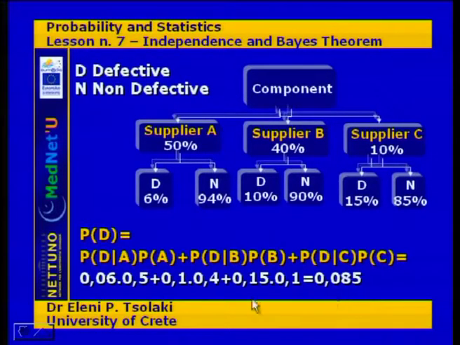So we add up these numbers, and we have that 0.085 is the probability of having a defective component, the company finds a defective component.